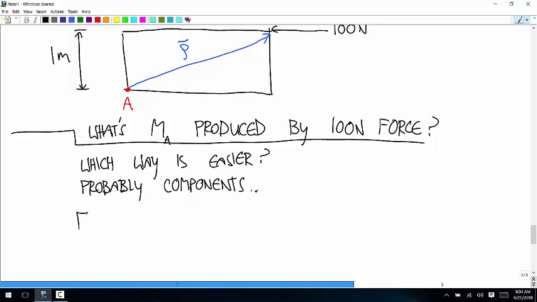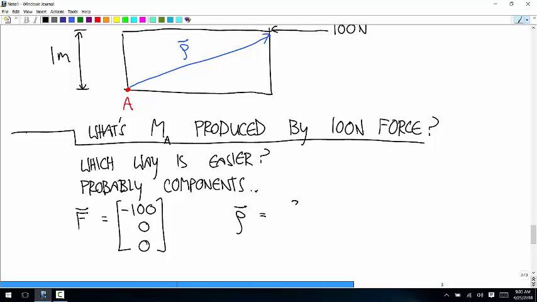Okay, so the force vector, what's that in components? The force is negative 100, 0, and at least for now, I'm going to write zeros for the z's. And then the rho vector, what's the component?